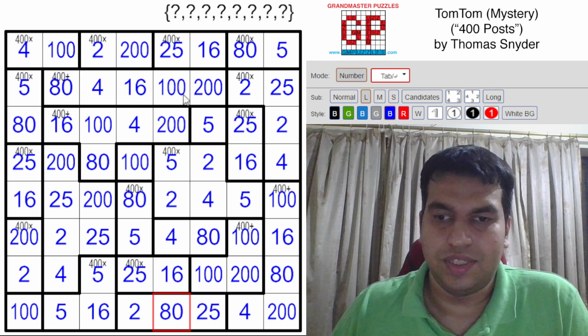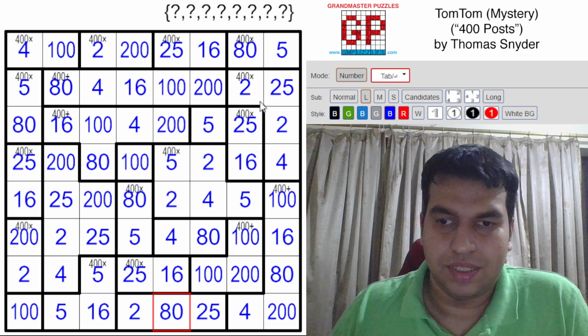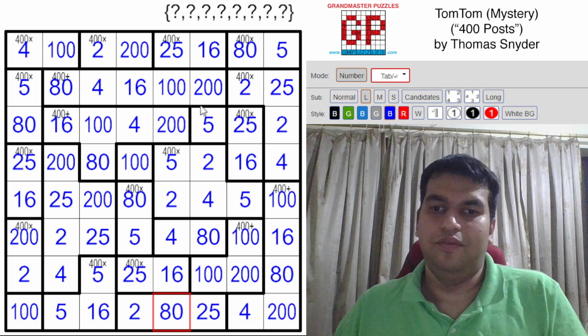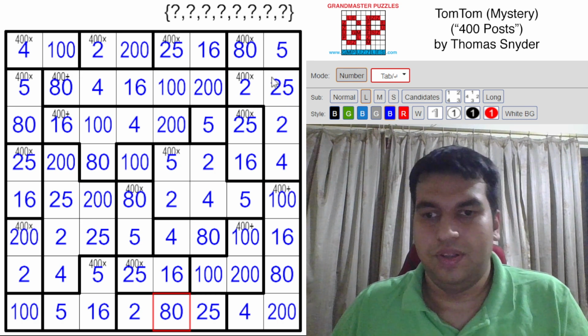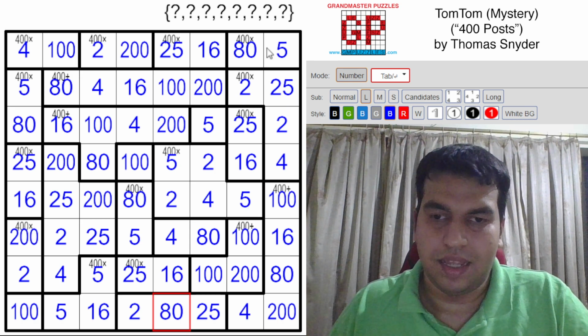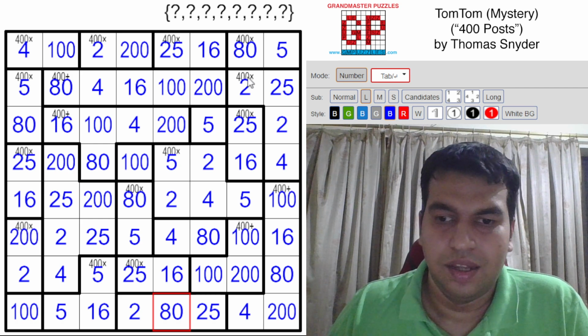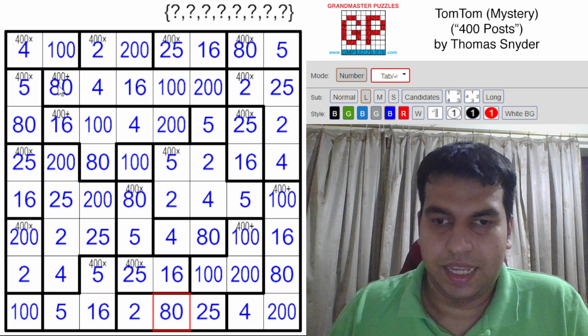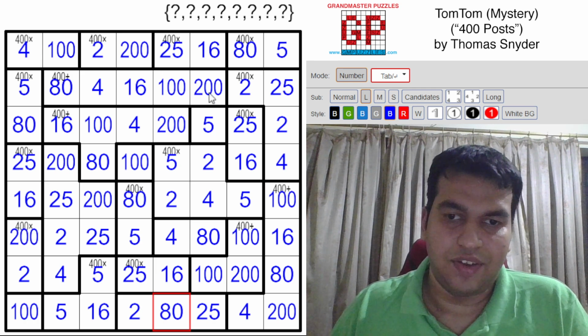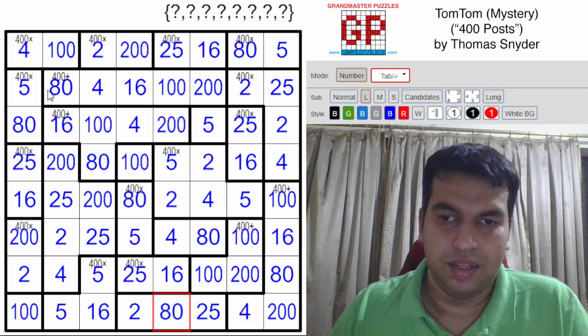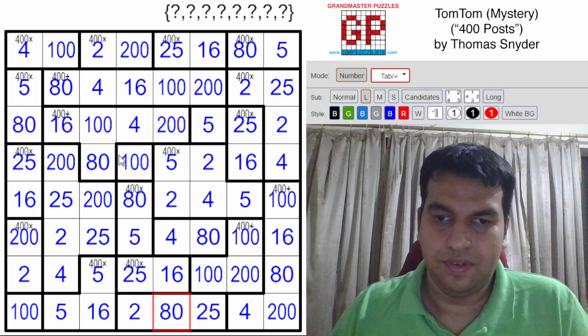We narrowed it down to 6 pairs, and then we used the numbers here which were not part of the sum to narrow down to the final 4 pairs, and then we used those 4 pairs for the rest of the grid. And the key step was noticing that this 400 sum can only have these 5 numbers from our number set. So that actually drove a lot of the beginning portion of the solve.